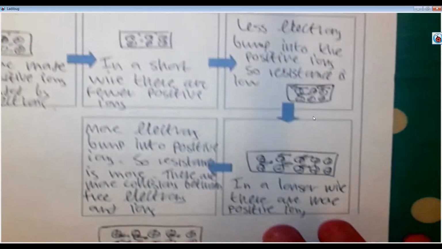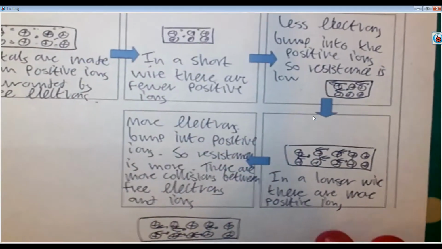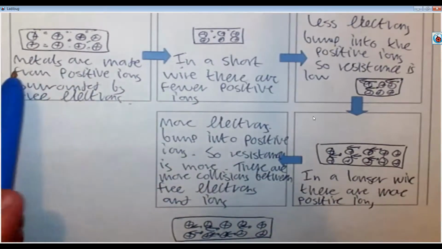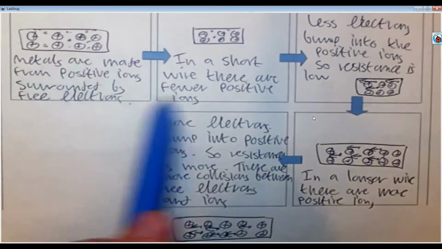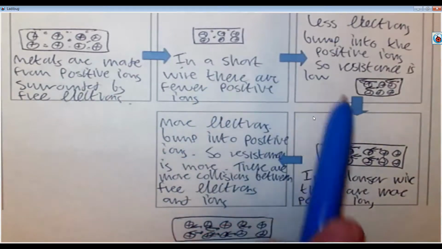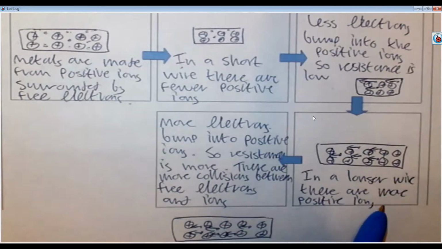Okay, so there's our whole diagram there. There's our model of the wire. There's our short wire, less collisions. There's our longer wire, more ions, more collisions, harder for the electrons to get through.